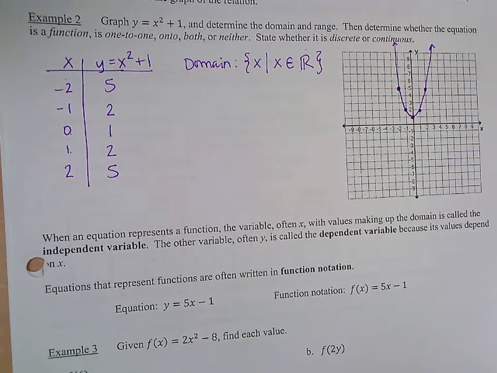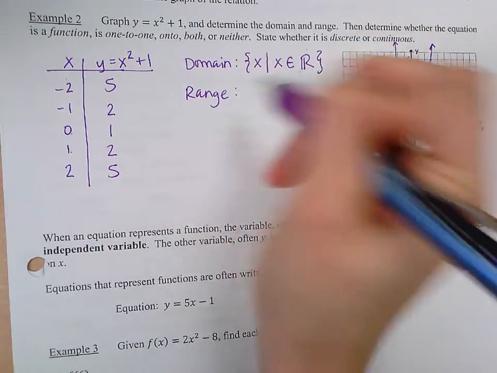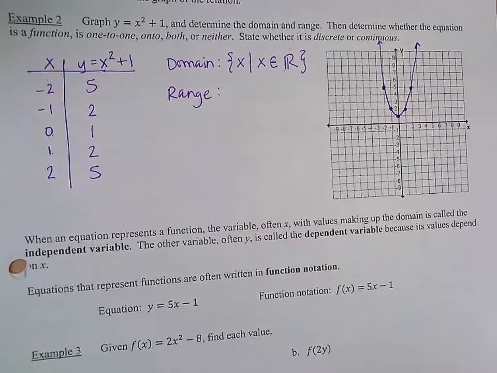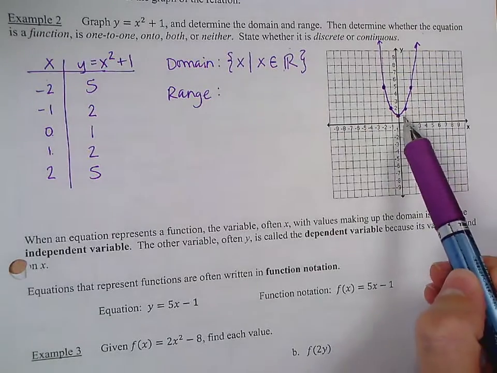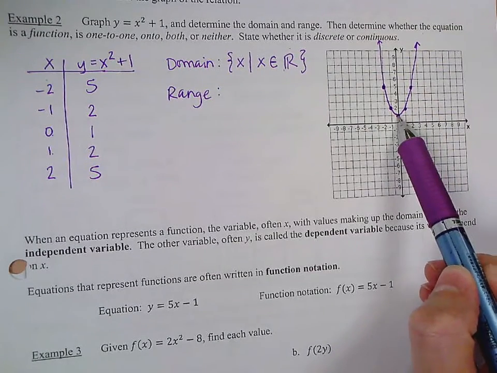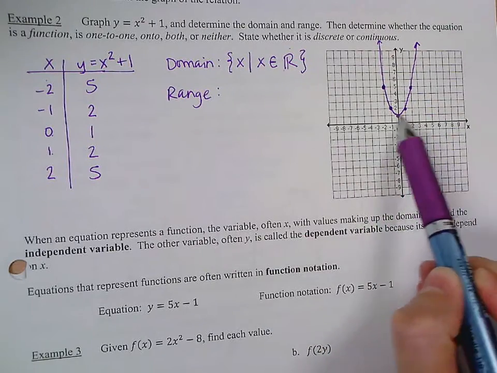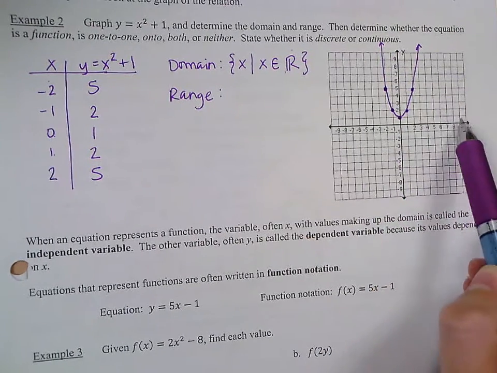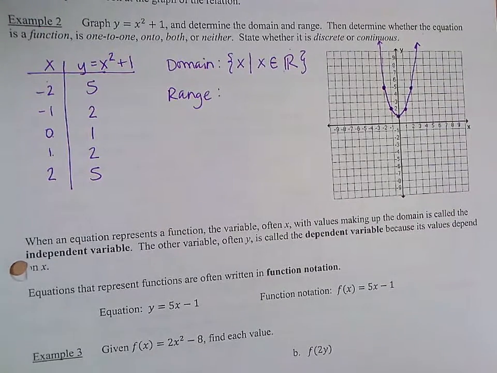The range is different. If you look at your y-axis, so look up and down on the graph, notice the lowest point is at the y value 1, and the graph doesn't exist below that. So for y values that are less than 1, the graph doesn't exist.